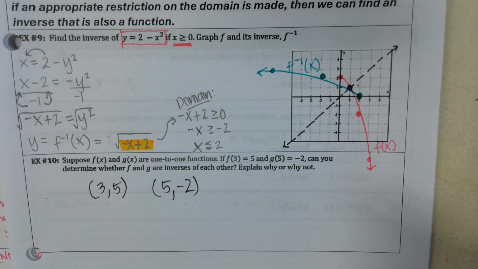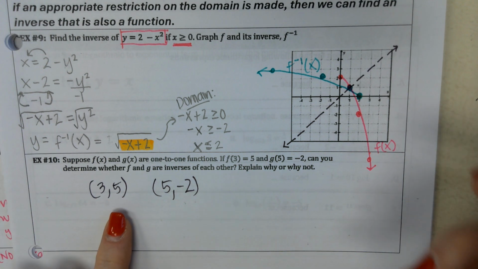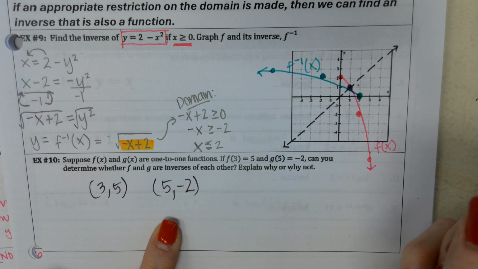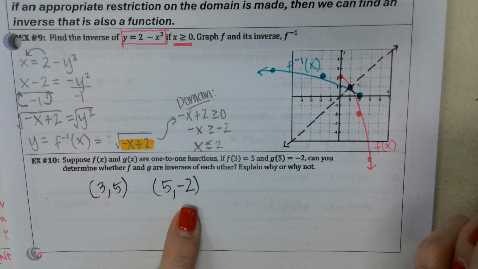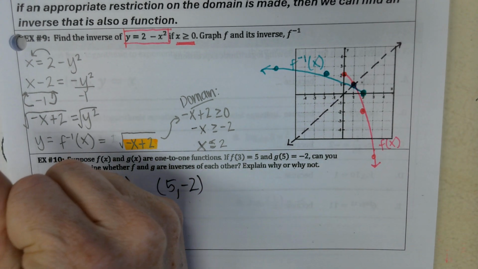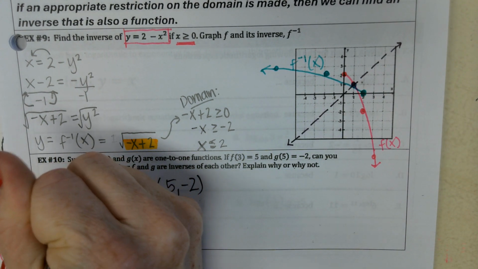Explain why or why not. What happens when you're doing the inverse? What have I been doing with my ordered pairs? Switching them, right? So the inverse of f of x would have the ordered pair what? 5, 3. You can't have a 5, -2 and a 5, 3. So what are we going to say? They are not inverses.